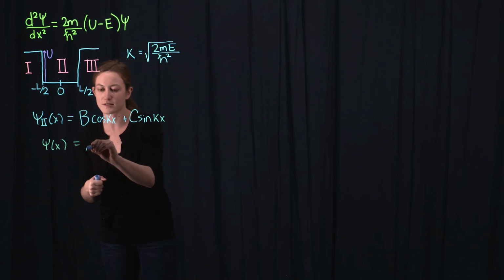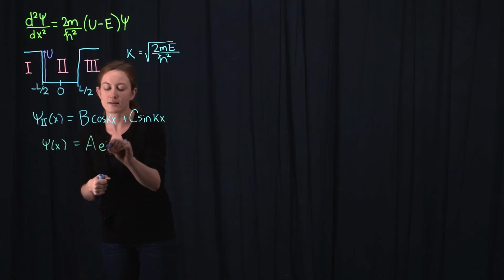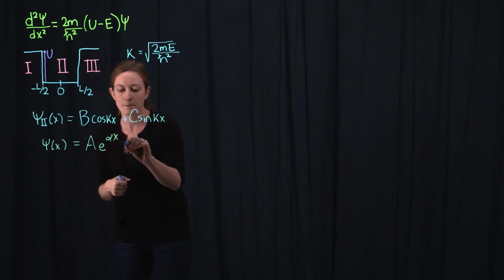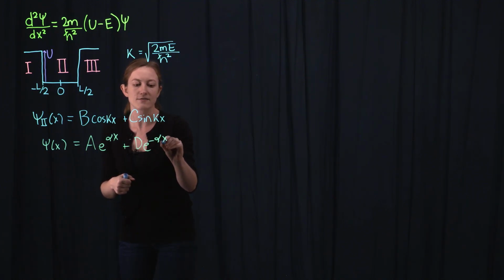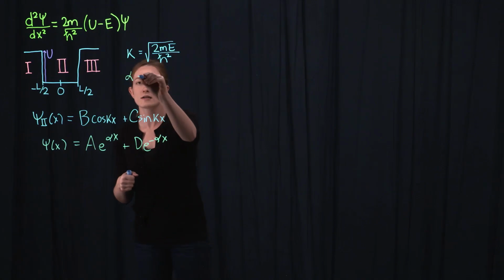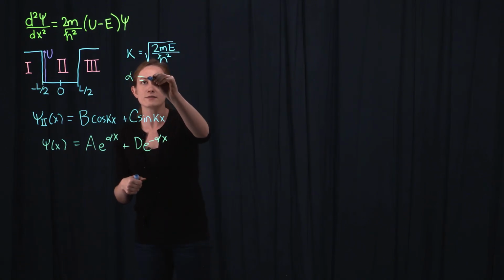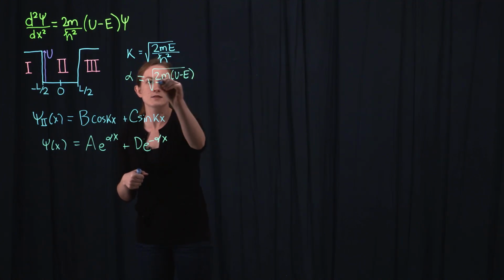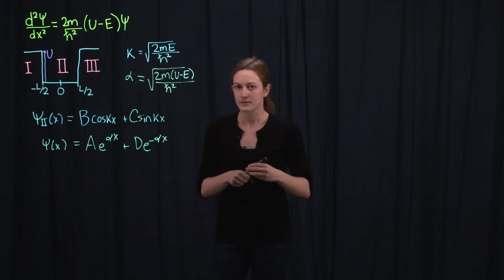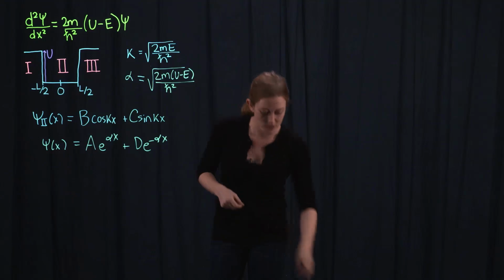These solutions will look like A e to the alpha x plus D e to the minus alpha x, where here, where U is non-zero, alpha will be the root of 2m(U minus E) over h bar squared.